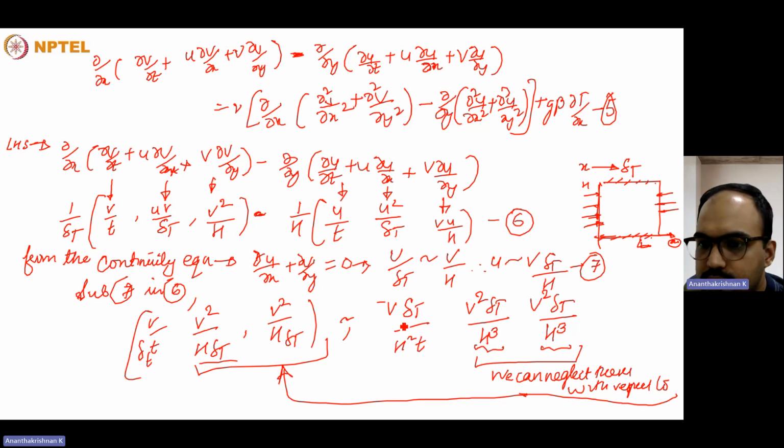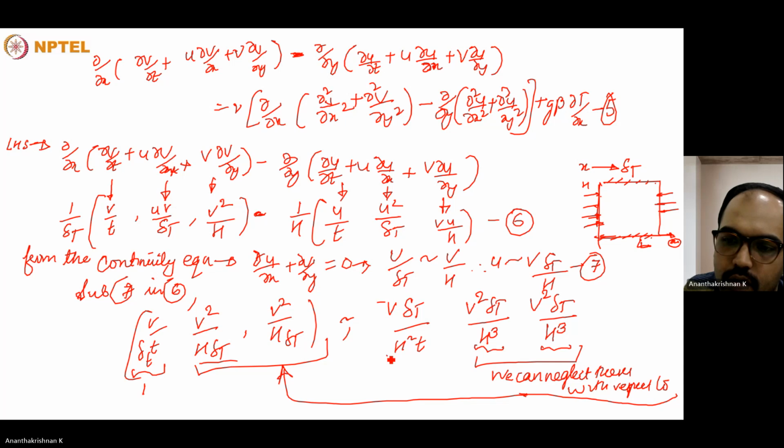So basically this term will be V delta T divided by H squared. The H squared is quite large, and therefore this term will be small. So we can neglect these with respect to these two.